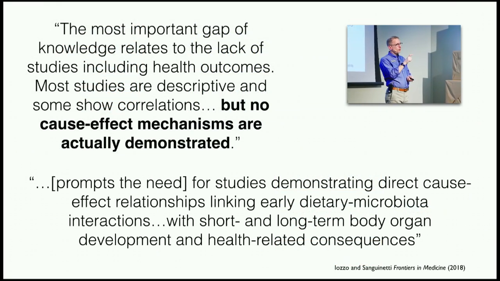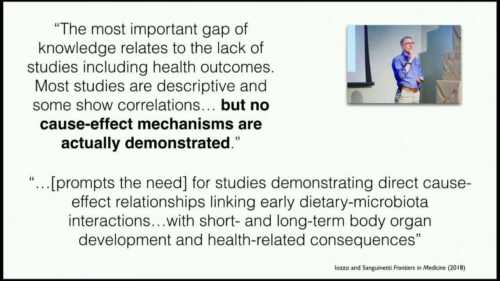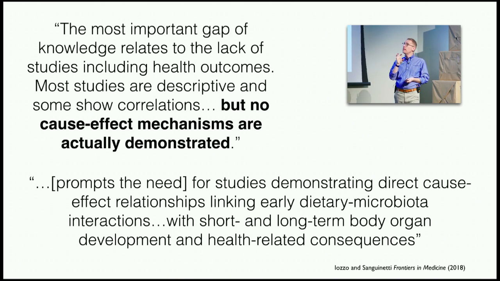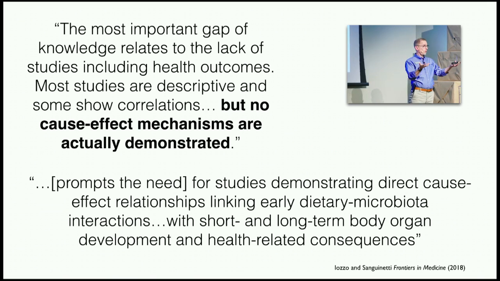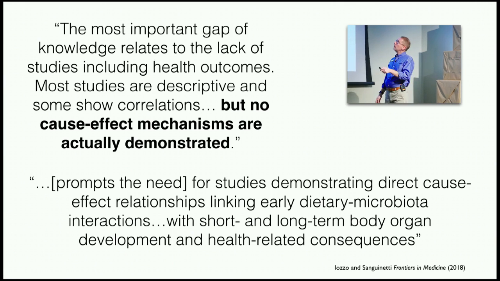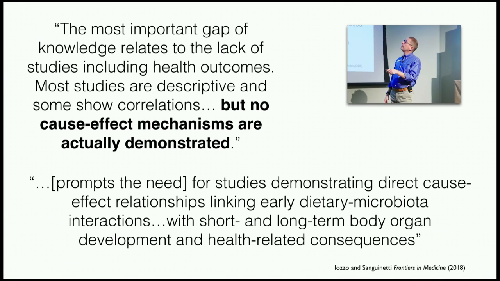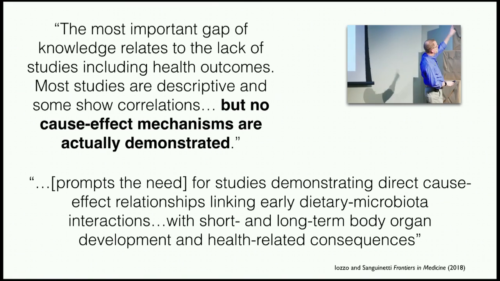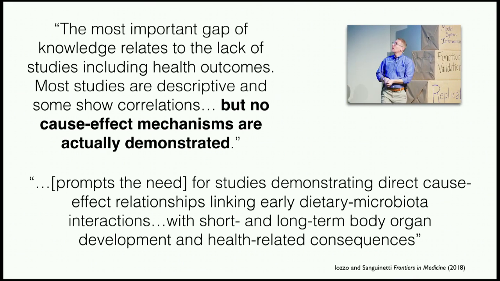This is not in your handout because I added this about 2 hours ago because I thought it was a really valuable quote to kind of ground us in this. The most important gap of knowledge dealing with mode of feeding, breast versus formula, relates to the lack of studies including health outcomes. Things that are further up this chart.